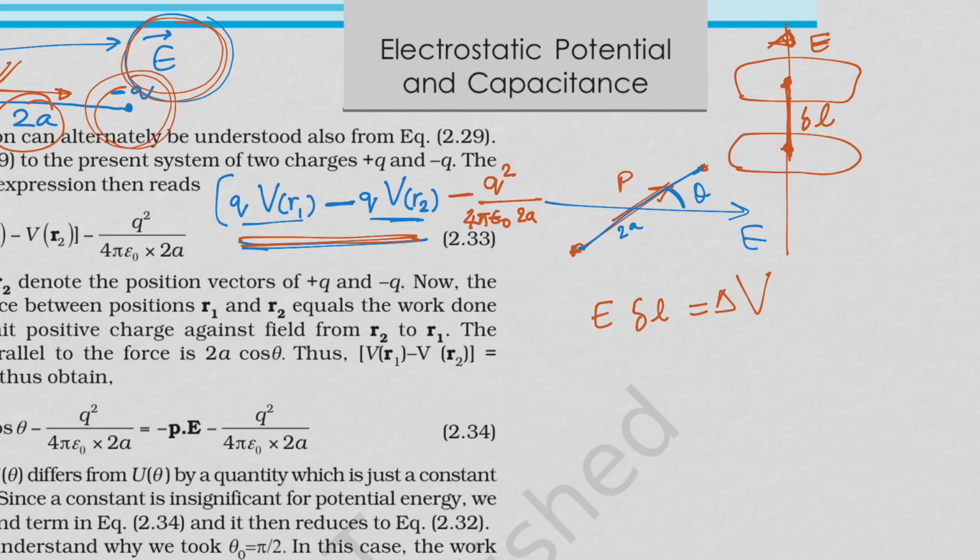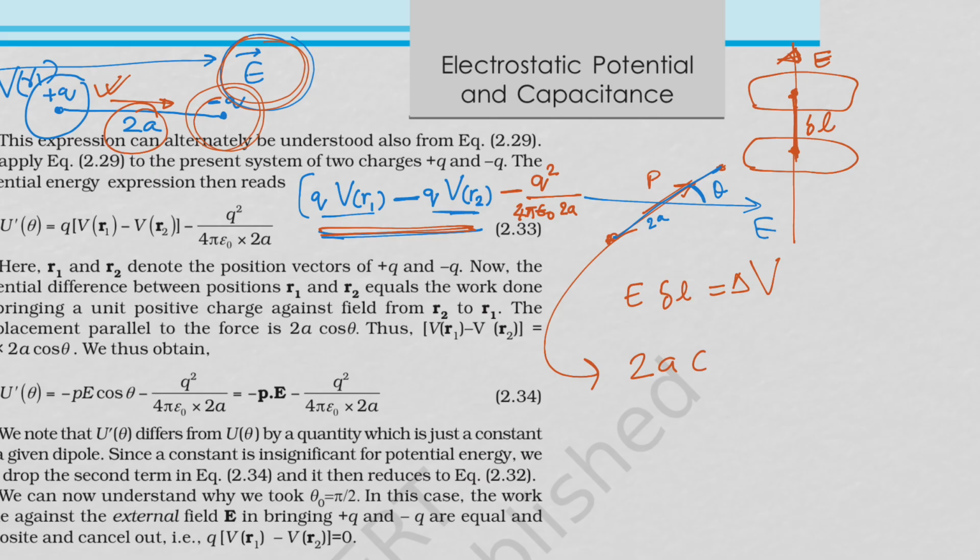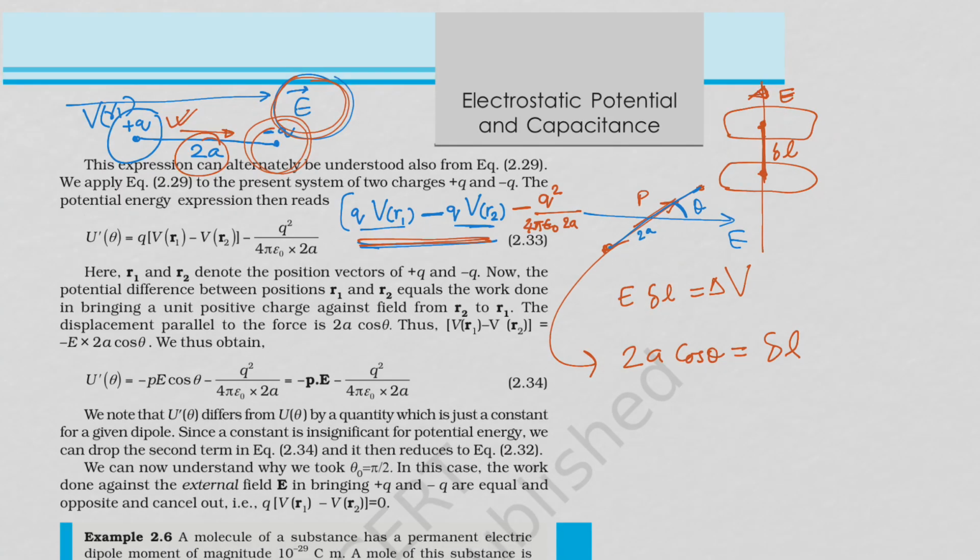So here we can apply this rule, and from the figure, 2a cos theta is that delta L, the normal distance between the two potentials.